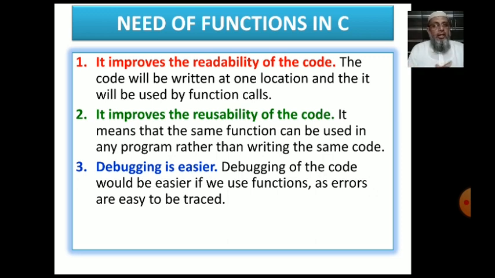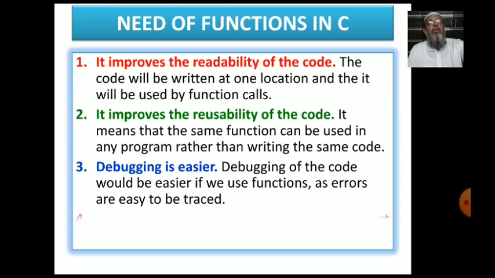If we write the same code in different locations and an error occurs, then the same error will occur at all those locations, and we have to find it, trace it and debug it. But in this case, the set of statements will be at one location, and we have to rectify the errors and debug the code at one location only.